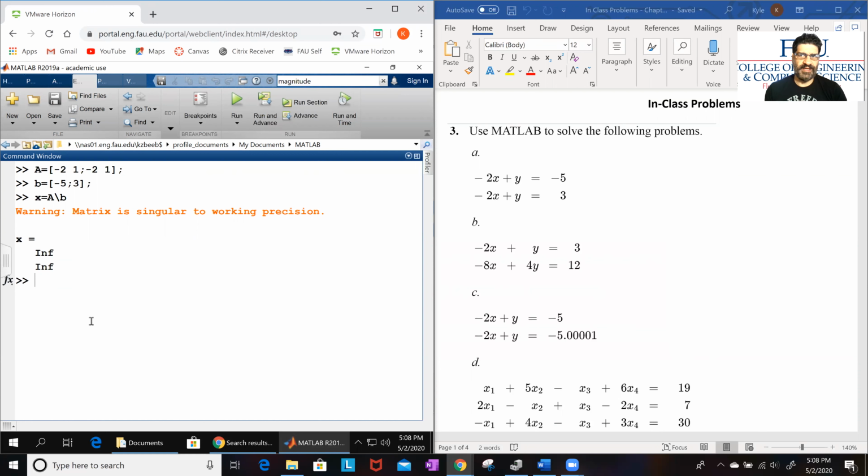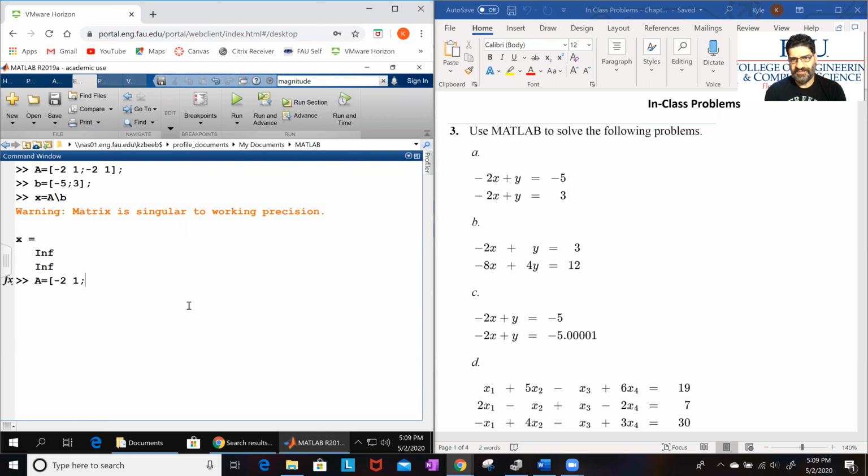Let's do part B. For B, we're also going to do A equal to -2, 1. This A holds the coefficient of X and the coefficient of Y. This is how I'm getting those.